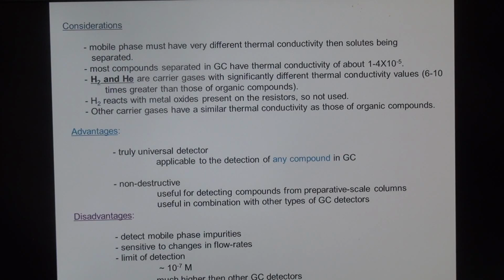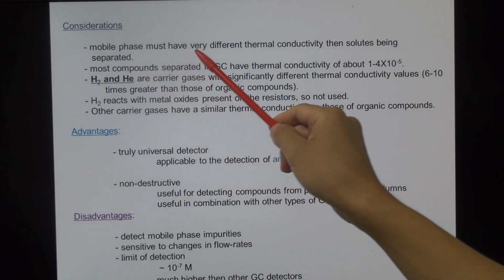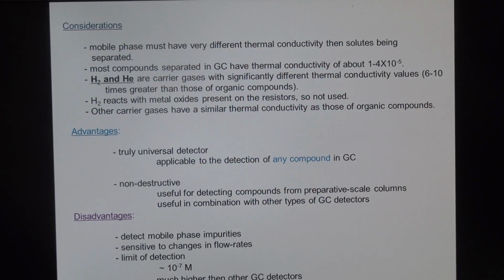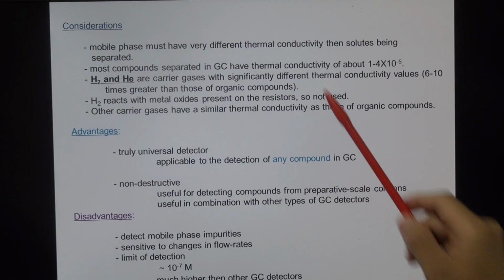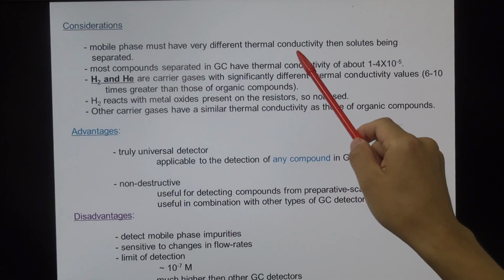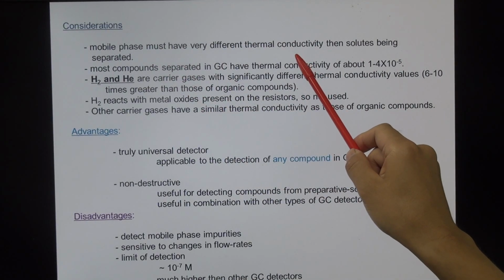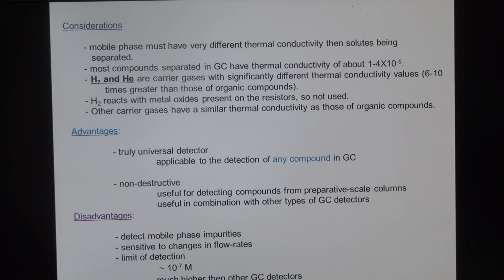To use TCD as a detector, you need to consider several things. First, the mobile phase must have a very different thermal conductivity than the solute being separated. Otherwise, if they have similar thermal conductivity, we cannot really discriminate them using this TCD detector, right?